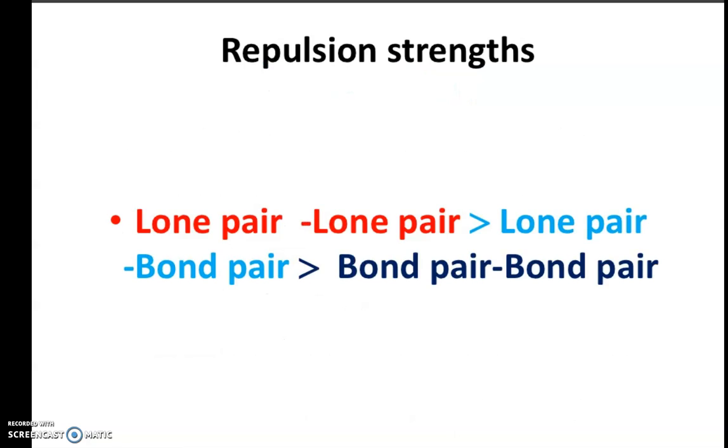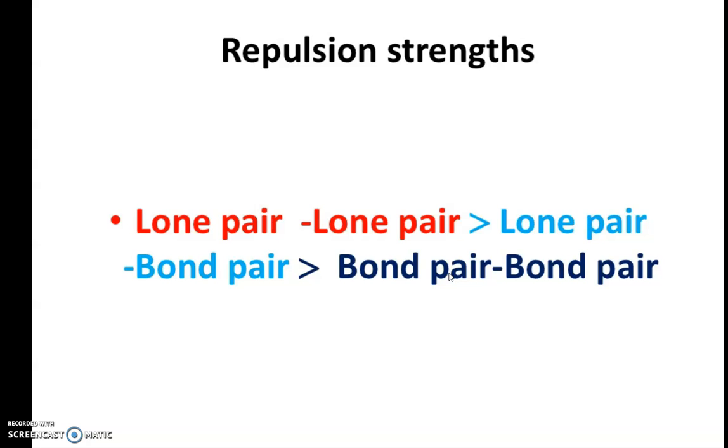Here we can see the repulsion strength. The lone pair-lone pair repulsion is more compared to lone pair-bond pair and bond pair-bond pair repulsion. So lone pair and lone pair electrons have high repulsion. For example, if we take the NH3 molecule, nitrogen has a lone pair of electrons, so there will be more repulsion in the compound.